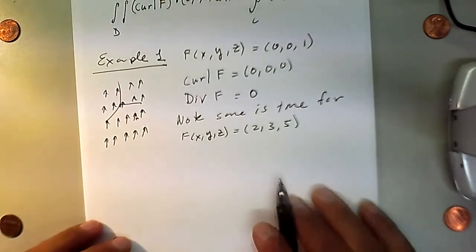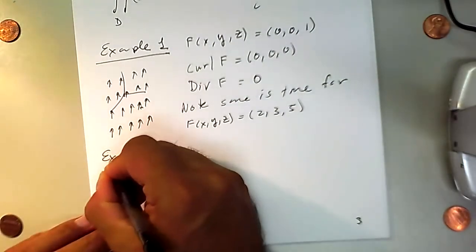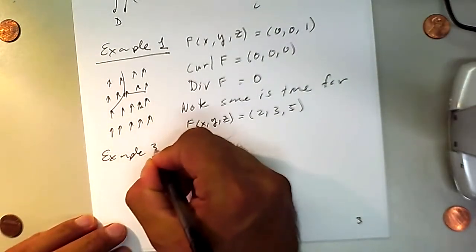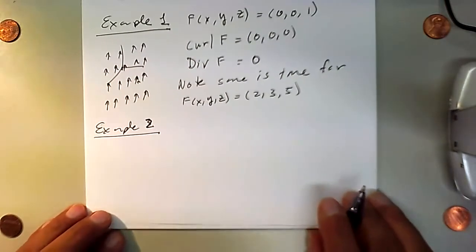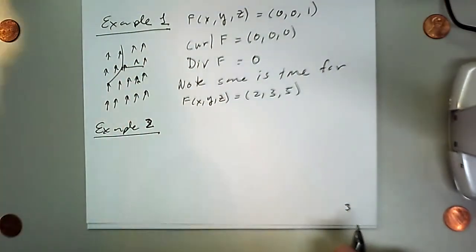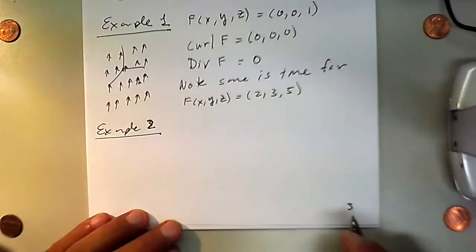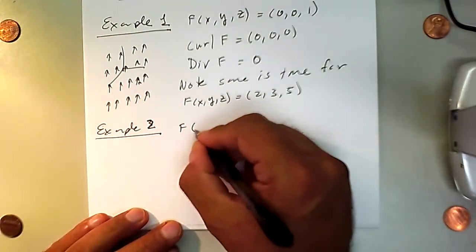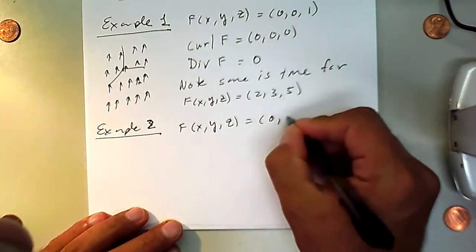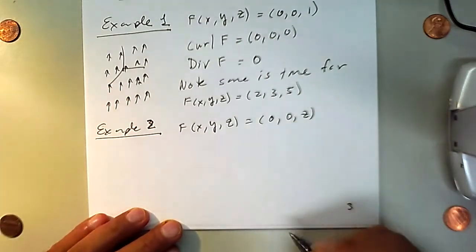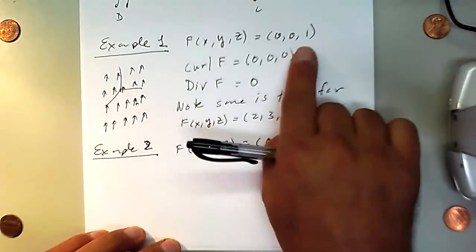Let's look at a second example. So example 2, sometimes to understand a concept, it is a good idea to apply the concept to many simple examples to see what happens. So F of x, y, z. What about 0, 0, z instead of 0, 0, 1?